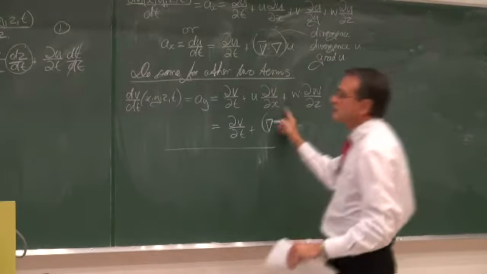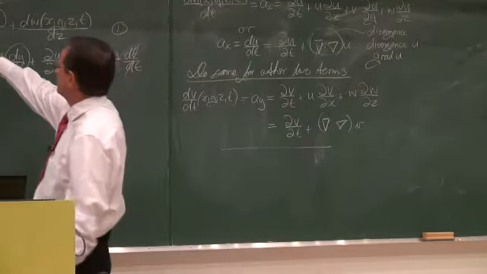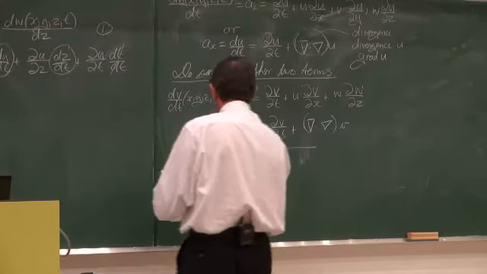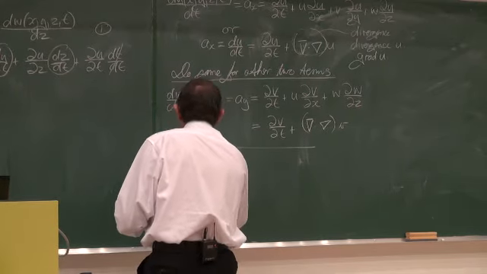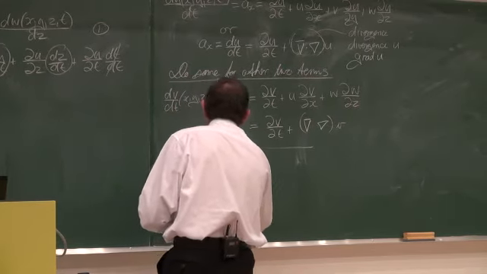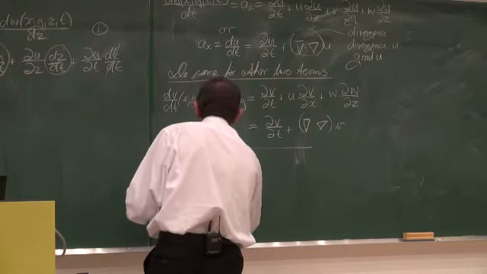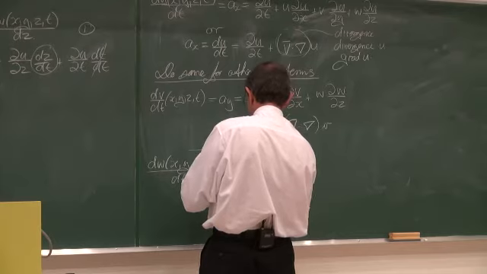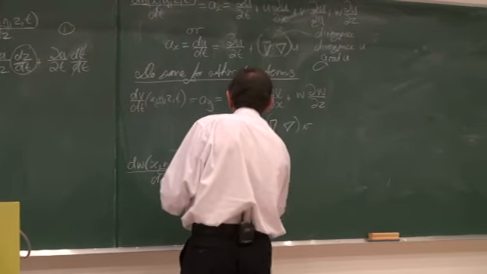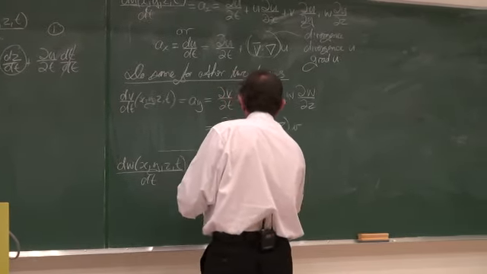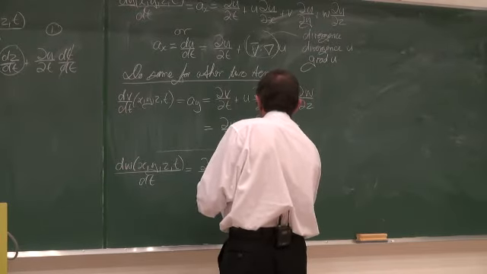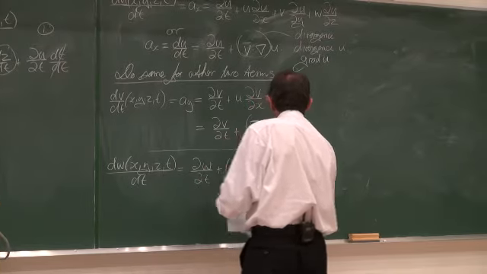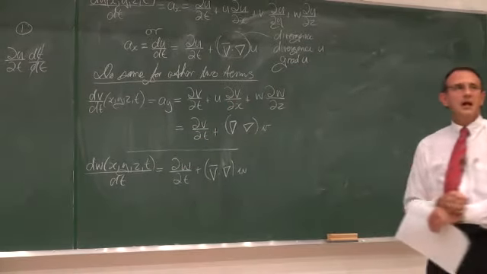That is for the second term. Still need to do the third term. For the third term, dw(x, y, z, t) dt is equal to partial dw dt plus the gradient of w, the velocity in the z direction.